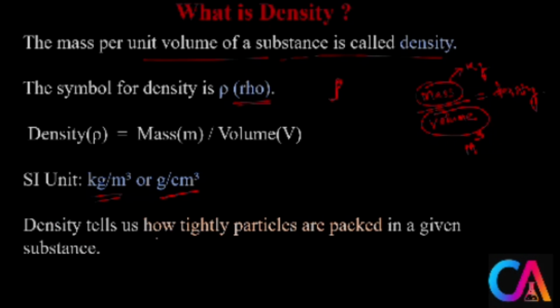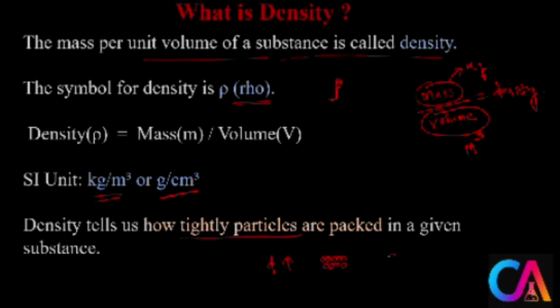Next point. Density tells us how tightly particles are packed in a given substance. Density is the parameter which gives us information about how tightly particles are arranged in matter. If the density is high, that means particles are tightly arranged.